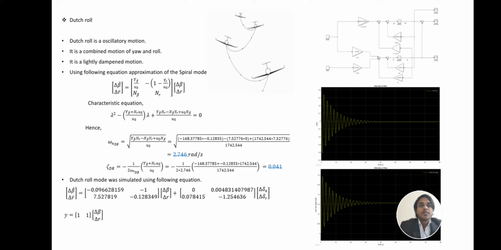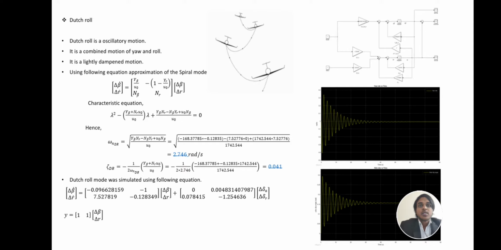When a yaw perturbation occurs, relative airspeed over the wing will differ across the wingspan, which creates a rolling moment. Due to the yawing moment, the vertical stabilizer creates a restoring moment which leads the yaw to oscillate whilst the aircraft rolls in the opposite sense.